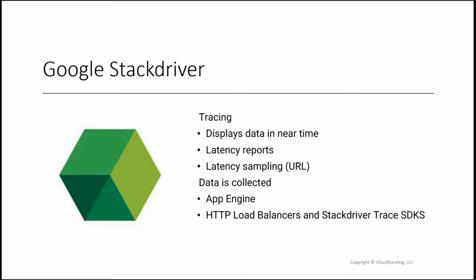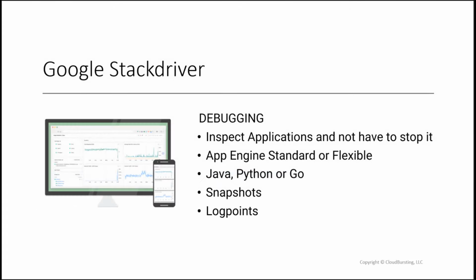You could also look at performance issues, but generally the main goal is to collect data and identify latency issues. With debugging, this is a way to inspect applications without having to stop them. One other thing on Stackdriver Trace is that you can visualize your data, and that really helps developers identify what's going on.